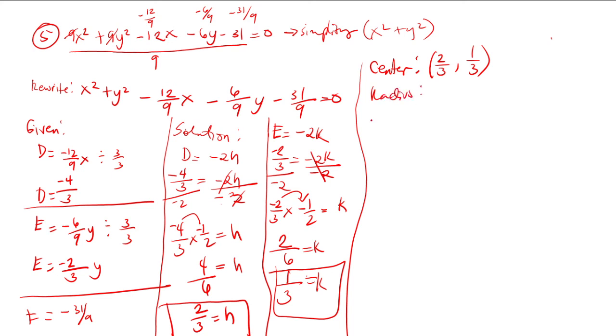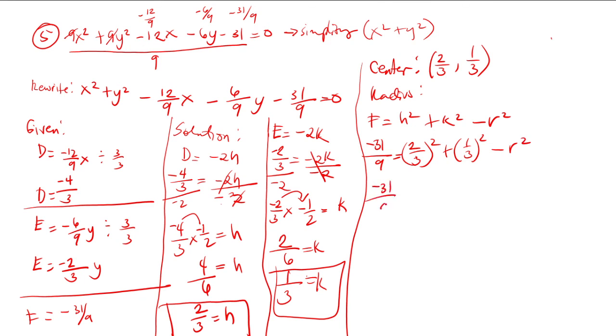To get the radius, we'll be using f is equal to h square plus k square minus r square. F natin is negative 31 over 9. H natin is 2 over 3 quantity square. And k naman natin ay 1/3 quantity square minus r square. Okay?